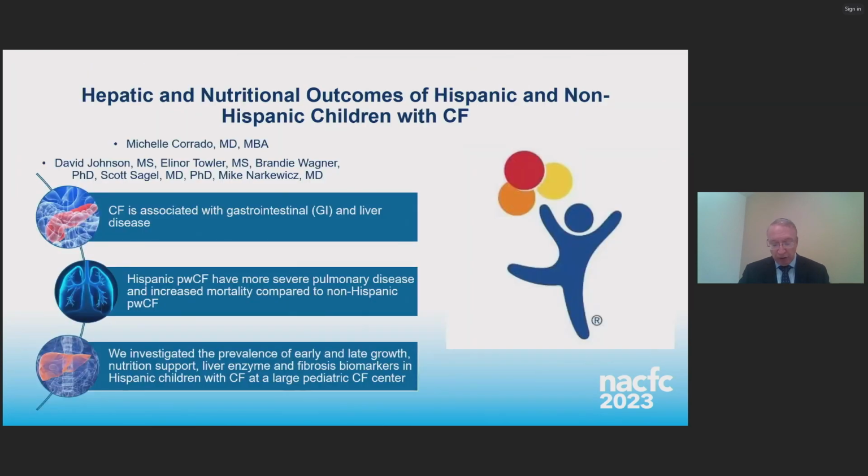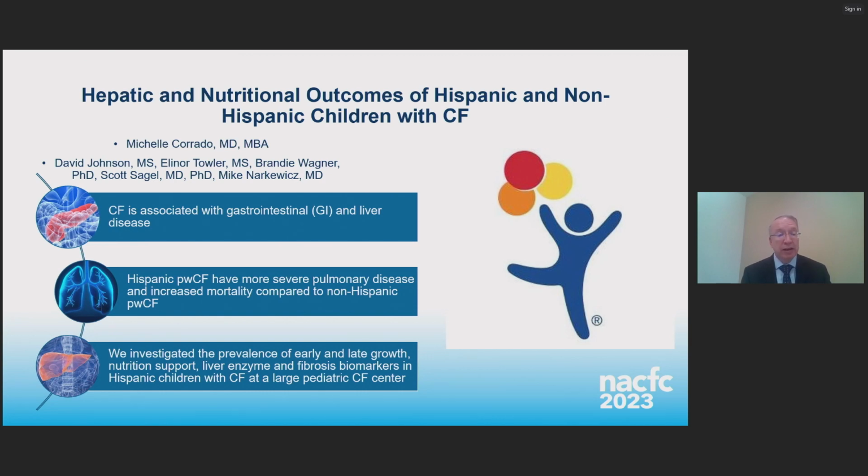And finally, we're going to look at the effect of ethnicity on GI and hepatic complications in CF. And this is a study from Children's Hospital of Colorado. And we know that CF is, of course, associated with GI liver disease. And there are some ethnic groups who have more severe pulmonary disease.